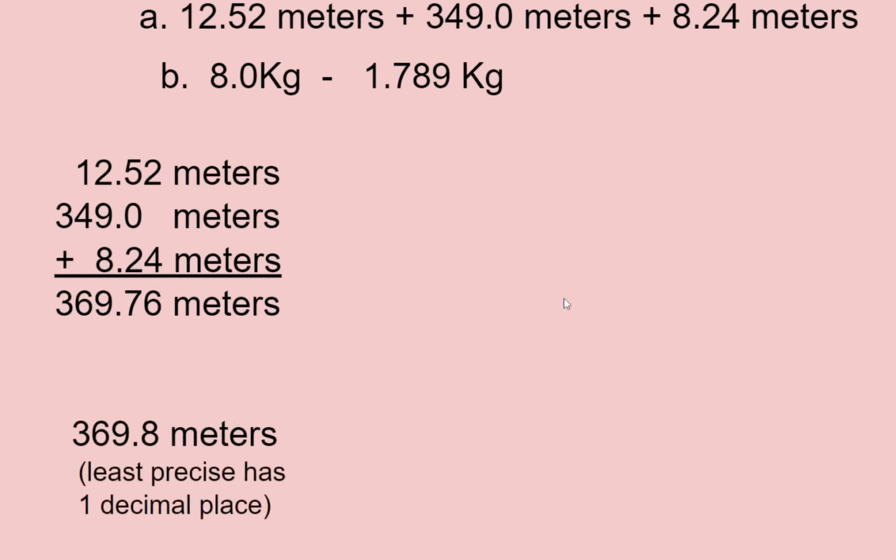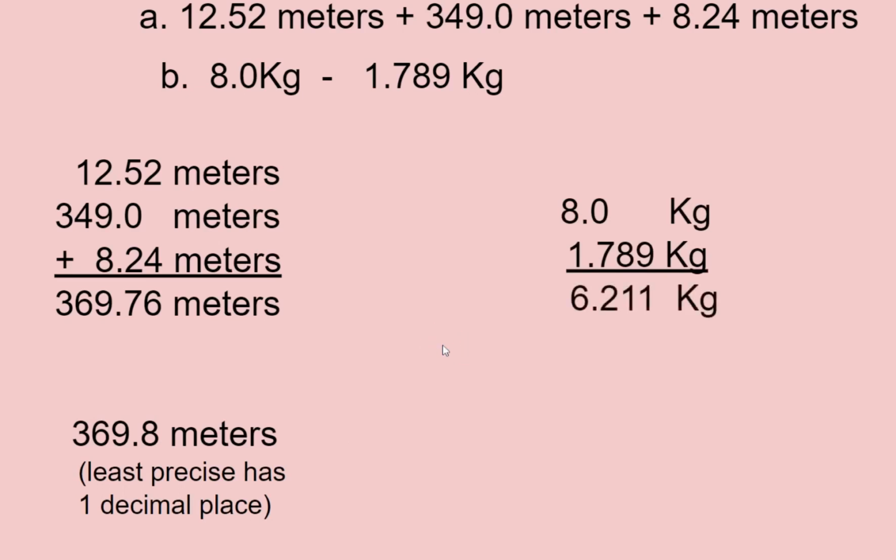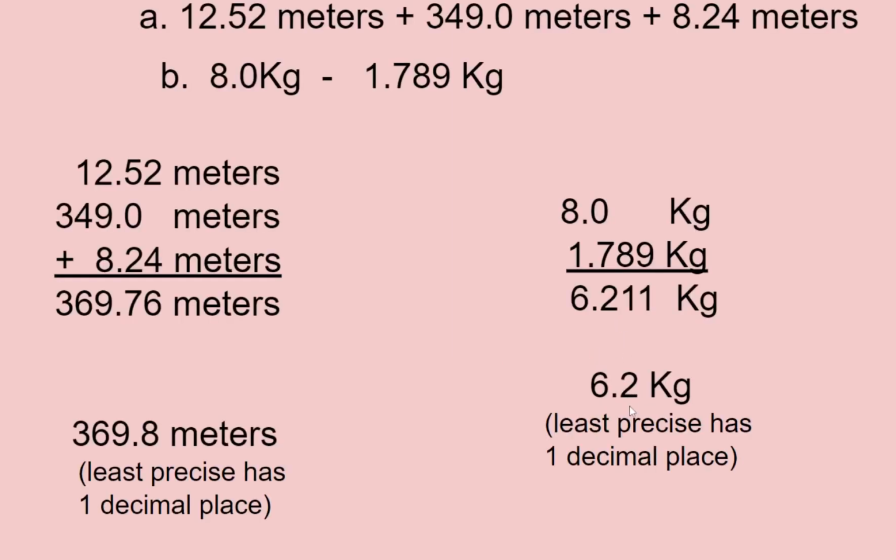In that second example there, we have 8 kilograms minus 1.789 kilograms, which gives us 6.211 kilograms, but that 8 only has 1 decimal place, so we have to round to that second decimal place, sorry. We have 1, so 6.2 would be our final answer in the correct number of sig figs.